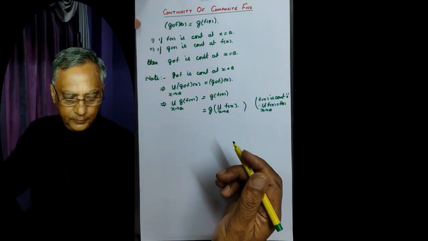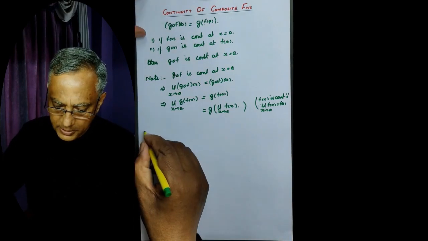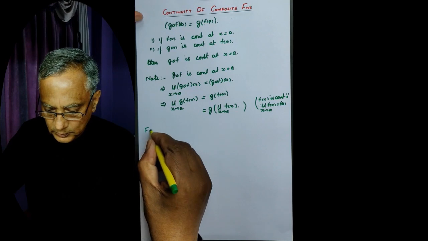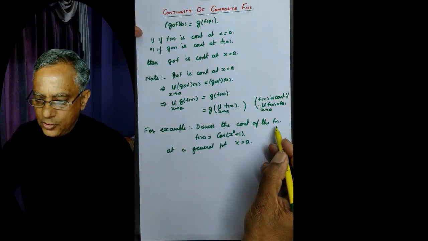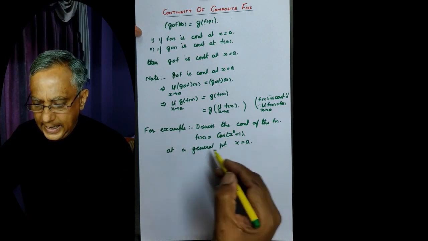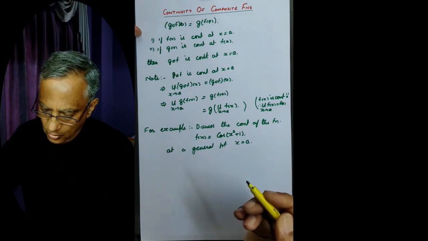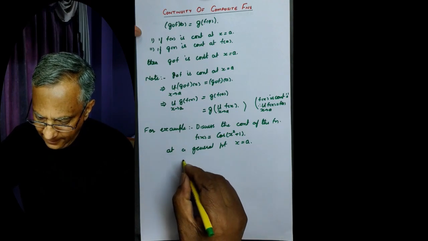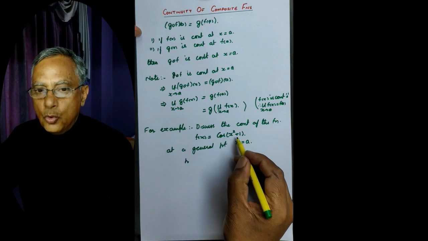So with this I take up a few examples. For example, discuss the continuity of this function at a general point x equal to a. Now we know that f(x) is the composite of two functions.